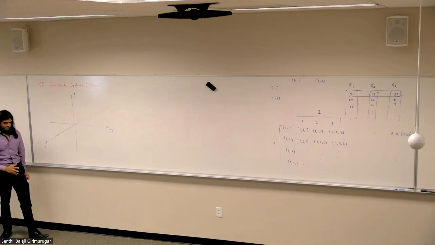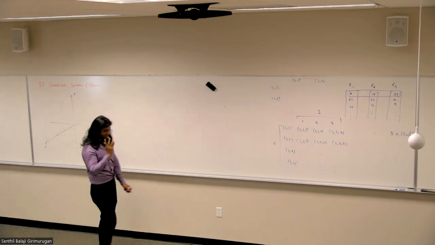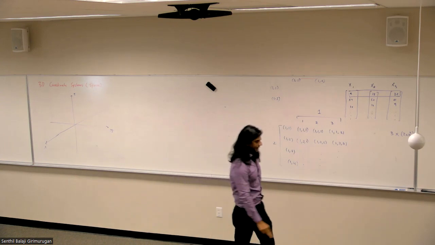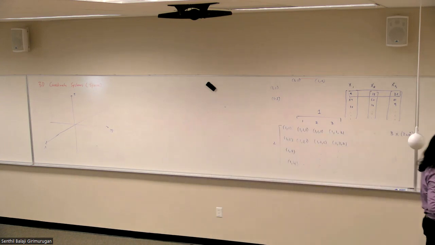A good way to also understand and think of the coordinate systems is to simply consider this room. If you look at each side, just the length of the side, then that would be 1 dimension, length.